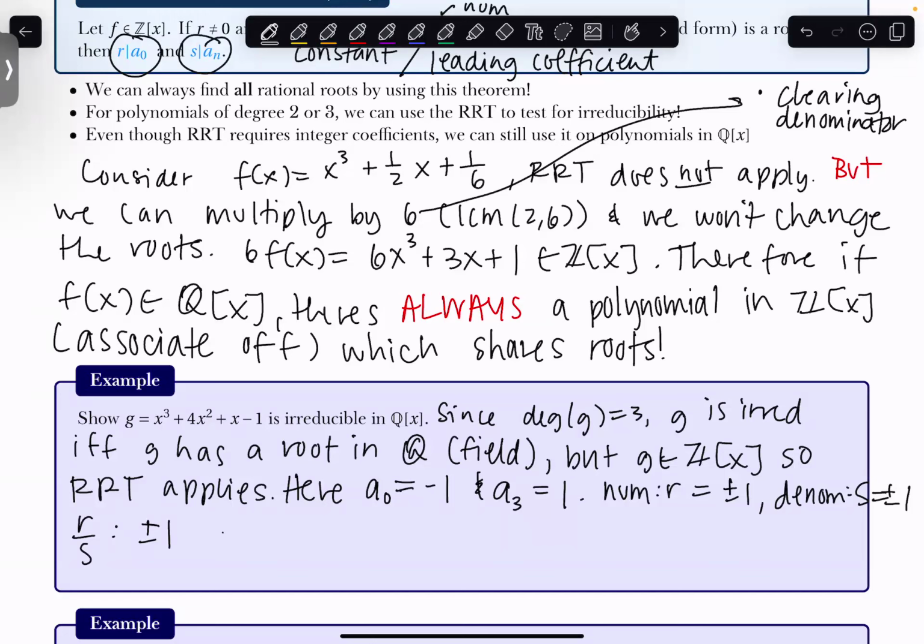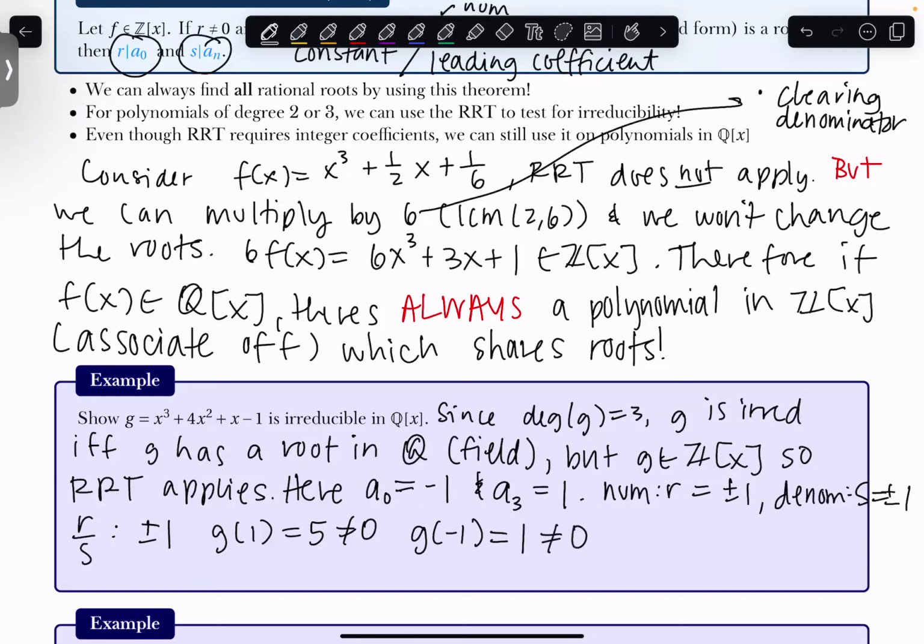So here I'll plug in 1. And when we do this, we'll get back 5. Is that right? Yep, you'll get 1 plus 4 plus 1 minus 1, which is not 0. So positive 1 is not a root. If I plug in negative 1, I'll get minus 1 plus 4 minus 1 minus 1, which should give you back 1.